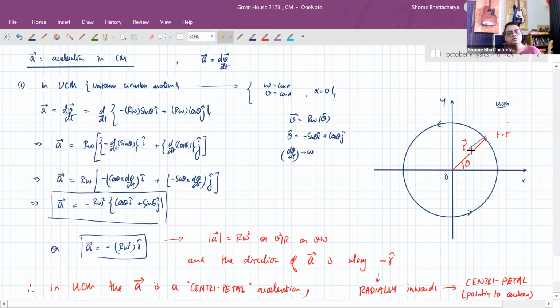It's radially inwards. Whereas our velocity vector, as we've seen earlier, is tangential. Okay, so these are the important relationships between these quantities.